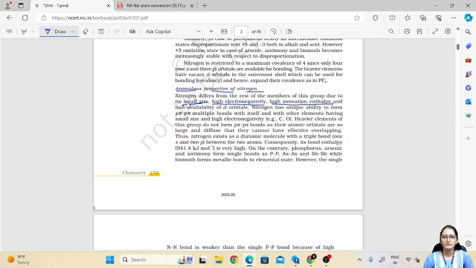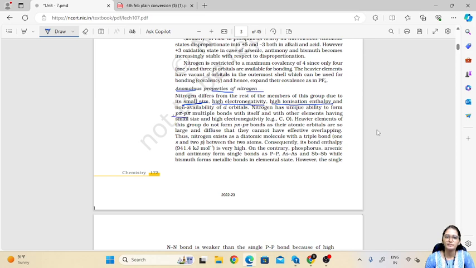So that's why covalency is restricted. We cannot form bonds with many other elements. So nitrogen has a unique ability to form p-pi multiple bonds, which is not seen in other elements.